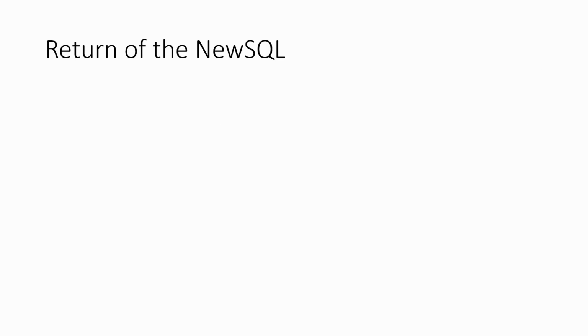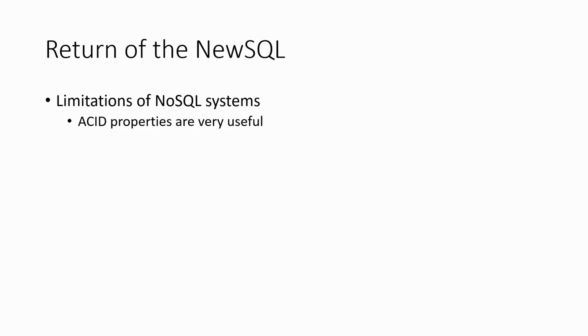The NoSQL data model was useful for different types of applications, but some limitations of these systems started to emerge. Users of RDBMS systems asserted that these ACID properties of transactions are actually quite useful, and you can't trust application programmers to get these kinds of things right. You have to enforce these rules in the database system.